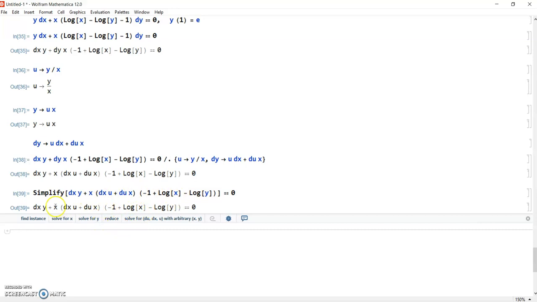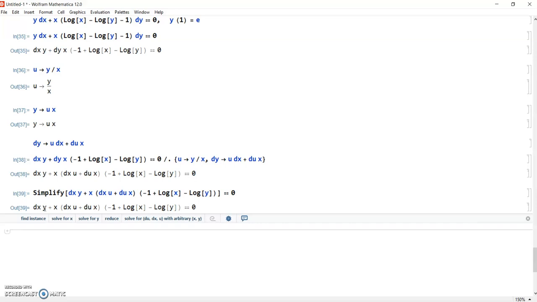Here one thing is that in this equation now there should not be any y term, but we can still see there are y terms.